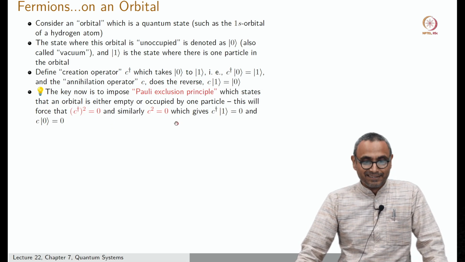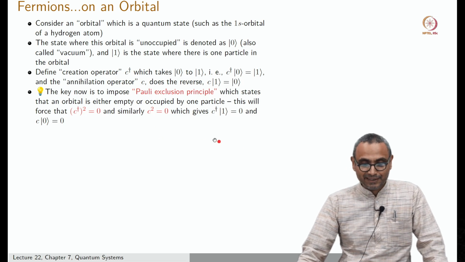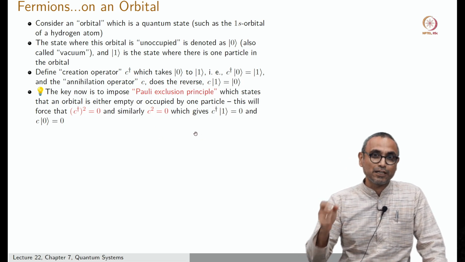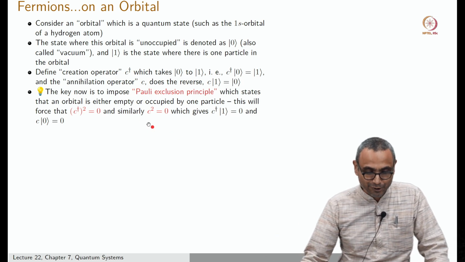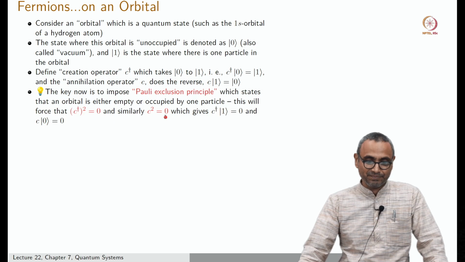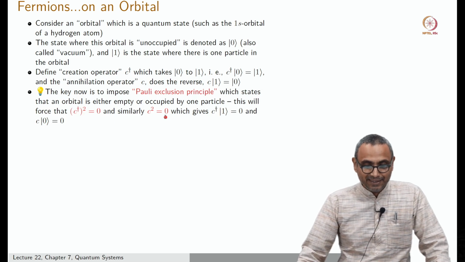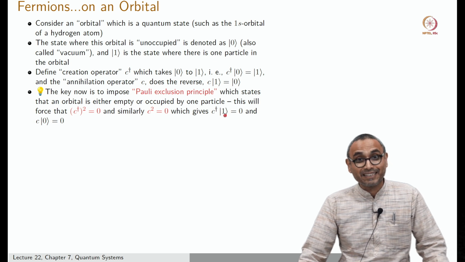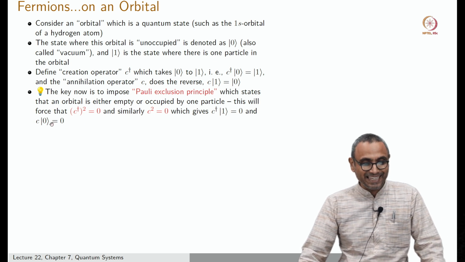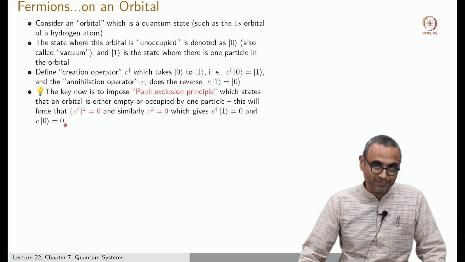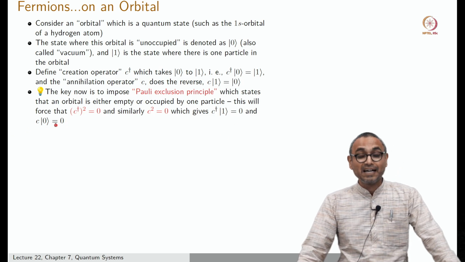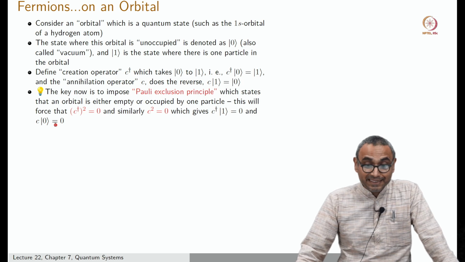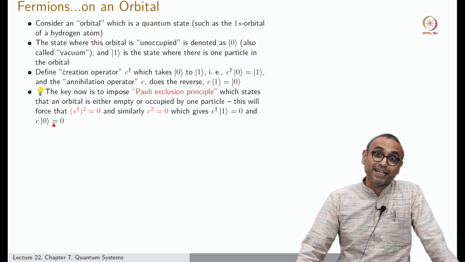And same thing, C squared must be 0, because I cannot destroy 2 particles from the singly occupied state. So that should also be 0. So this will give us that C dagger acting on the state 1 will give 0, and C acting on the state 0 is 0. These zeros on the right hand side here are the zero vector of the Hilbert space.